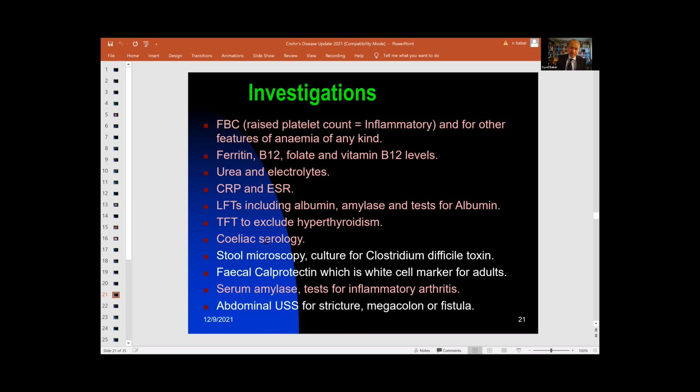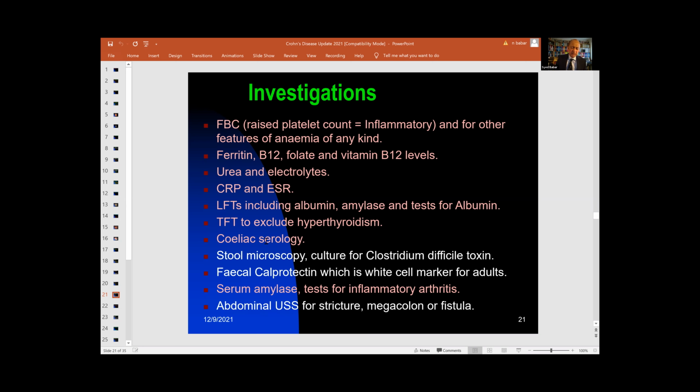Thyroid function tests should be done for completion's sake, as hyperthyroidism can produce an accelerated rate of bowel emptying. Celiac serology should be done to see whether there is intolerance to wheat or to other aspects of food.